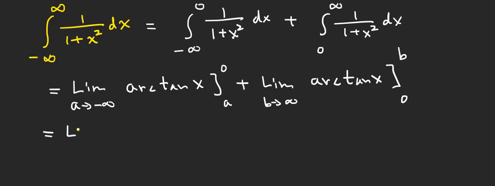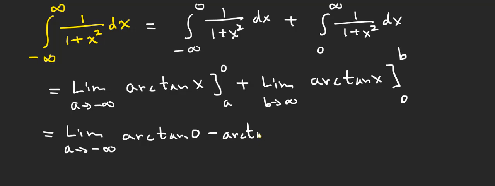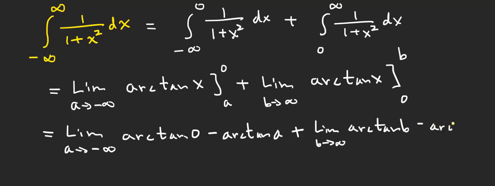So you end up getting the limit as a goes to negative infinity, arc tangent of 0 minus arc tangent of a, plus the limit as b goes to infinity of arc tangent of b minus arc tangent of 0.